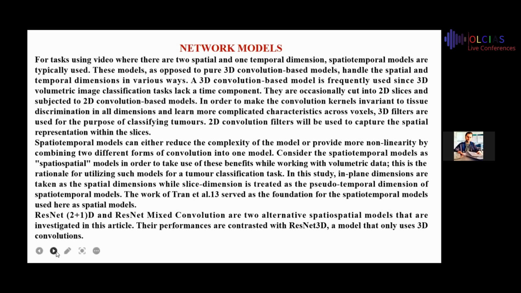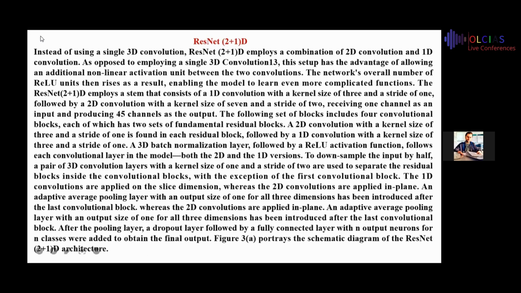So what is the ResNet 2+1D model? Instead of using a single 3D convolution, ResNet 2+1D uses a combination of 2D convolution and 1D convolution. As opposed to employing a single 3D convolution, this setup has the advantage of allowing an additional non-linear activation unit between the two convolutions.